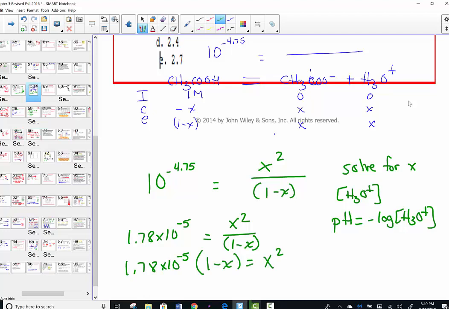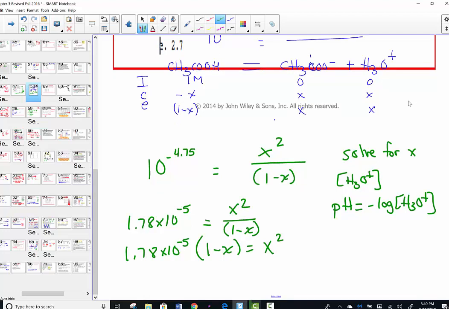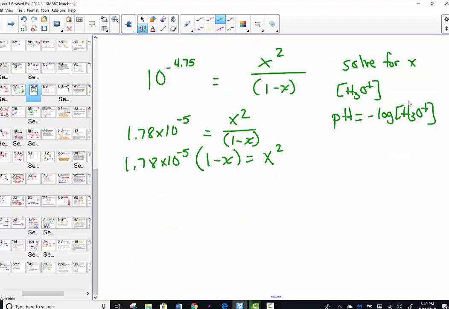And now we're showing an algebraic expression where 1.78 needs to be distributed through 1 minus X: 1.78 times 10 to the negative 5th minus 1.78 times 10 to the negative 5th X equals X squared.